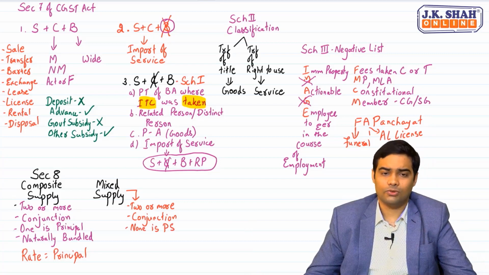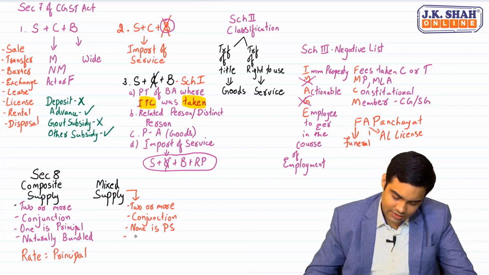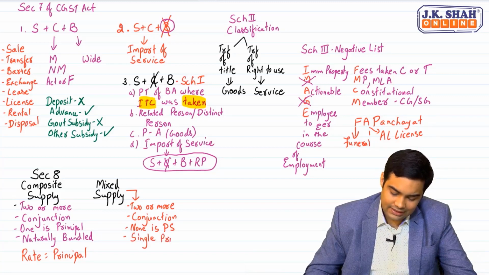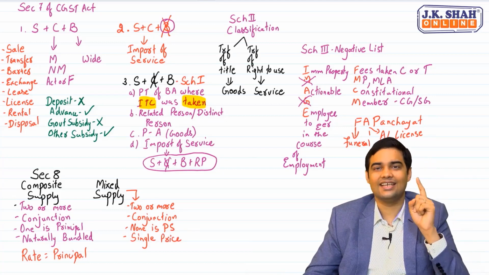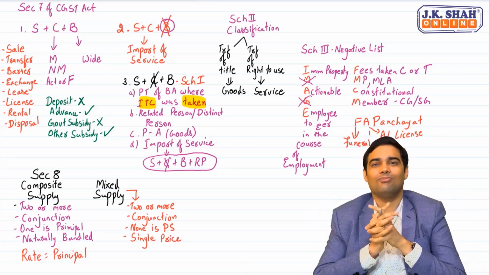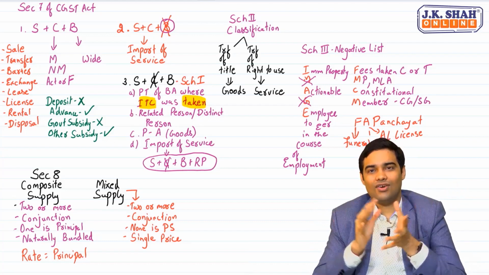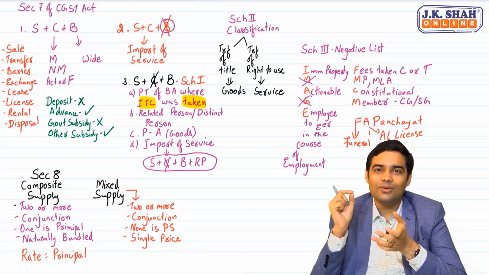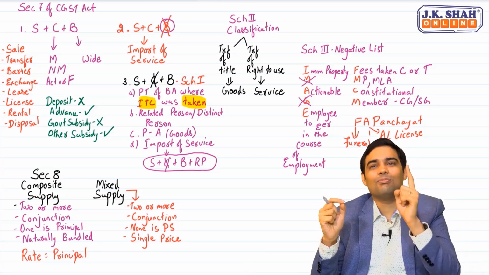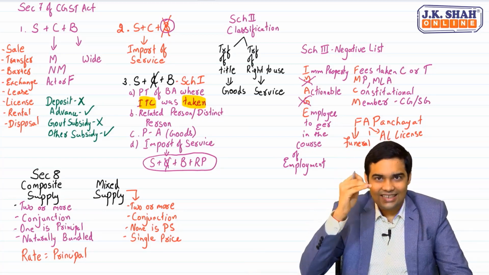It's not a composite supply. And last one, single price. Very important condition. Remember, it's saying single price. It is not saying single invoice. A single price. That means all 3 products, all 5 products, all 8 products are sold for a single price, not in a single invoice.